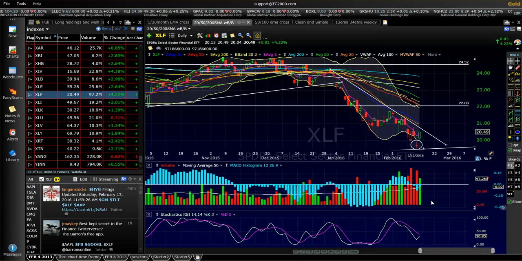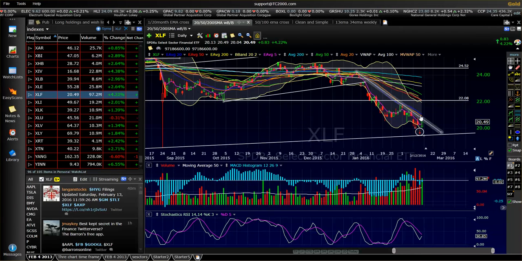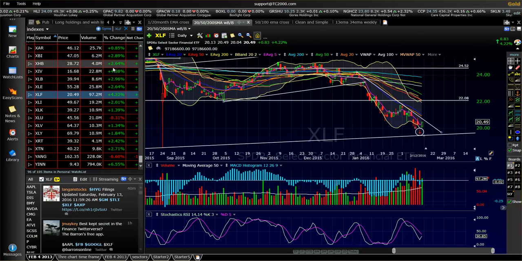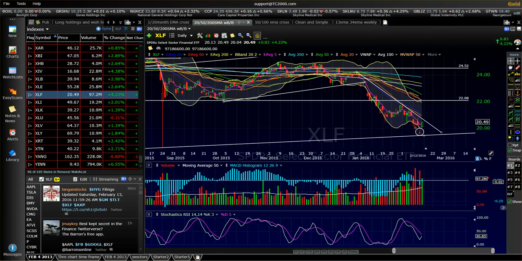Stochastics are oversold. We're crossing to the upside. We could get a short-term snapback within the financials. So that becomes attractive to me for a potential day trade, or even a short 2, 3, 4 day swing in the financials in a bank.